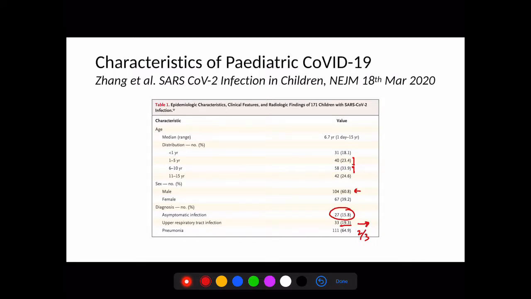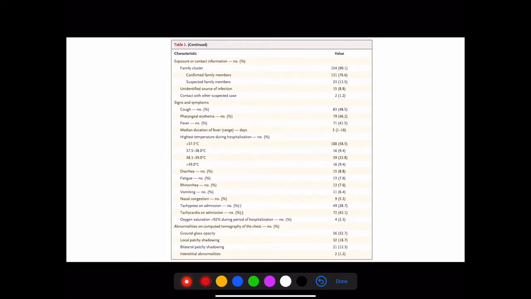They also found out that the majority of those kids that were diagnosed with COVID-19 infection also had a positive family cluster. It means somebody in their family was already diagnosed with COVID. So that simply means that it usually affects the close contacts, and only 8.8% were those who had no clear-cut source of infection.